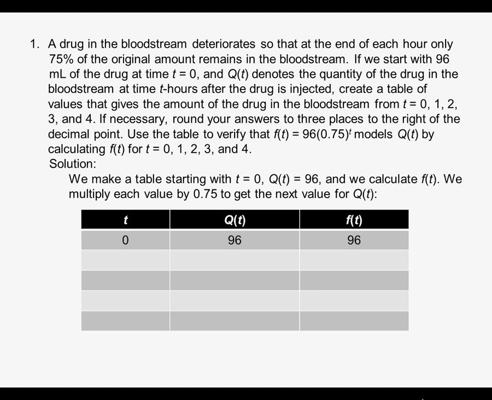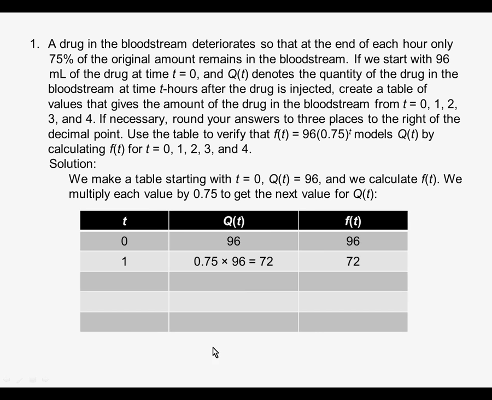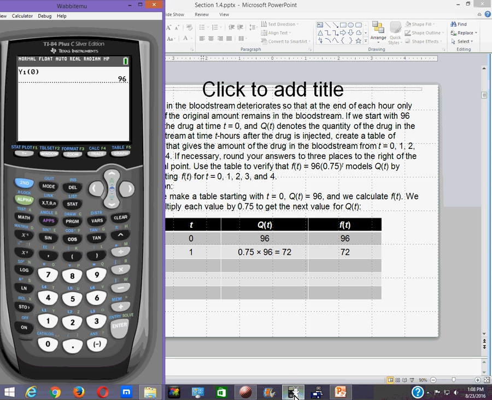If t is 1, 0.75 times the previous value of 96 really is 72. And to verify that f of 1 is 72, again we take out our calculator, do second, enter, replace the 0 with a 1, and it is 72.